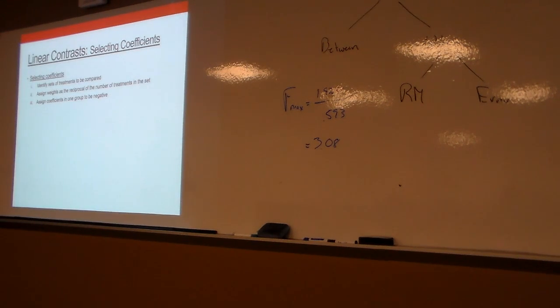So remember that for these contrasts, how we select our coefficients identifies which sets of comparisons we want to take a look at. We assign weights as the reciprocal of the number of treatments within the set, and then we assign one of the sets to be negative. Which one are we usually set to be negative? Do you remember?